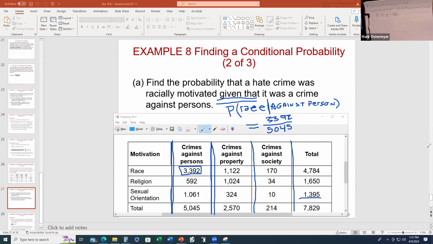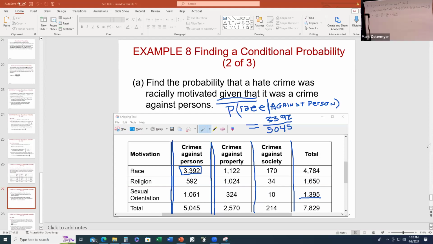Question. Did you ever hear the phrase "given that" in that question? No, meaning we're not locked into any row or column. So let me say it again. What is the probability that a crime was racially motivated and against society?